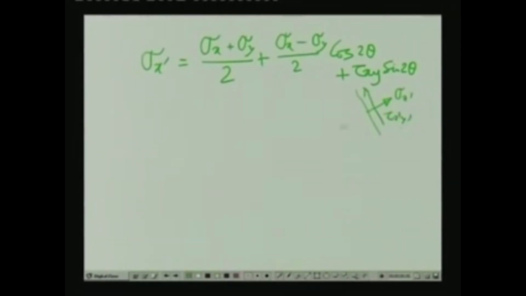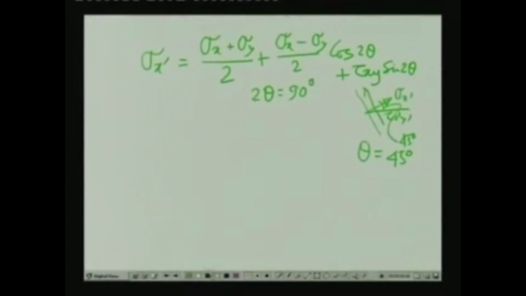and the normal to this particular plane is at an angle of 45 degree. So, theta here is 45 degree, thereby 2 theta is 90 degree. Now, sigma x dashed is given as 50.